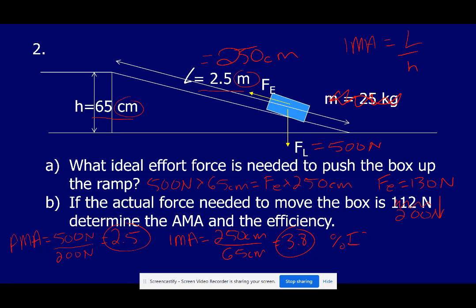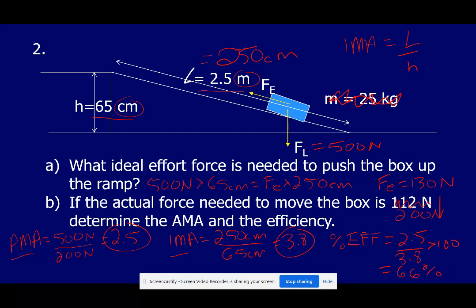So for my percent efficiency, see if I can write that a little nicer. My percent efficiency is going to be equal to the AMA divided by the IMA times 100. So that's 2.5 divided by 3.8 times 100, and that gives me 66%. 66% efficient, that machine.